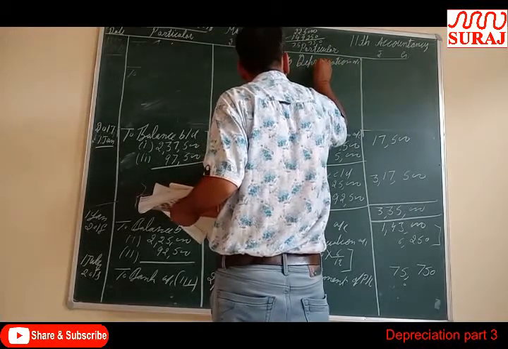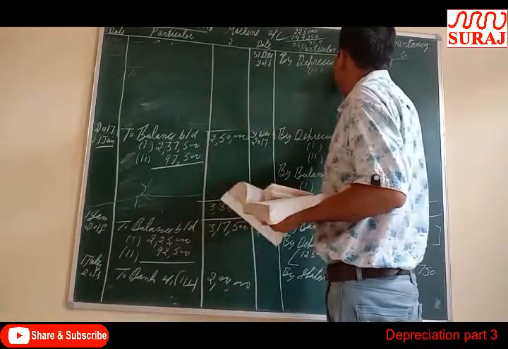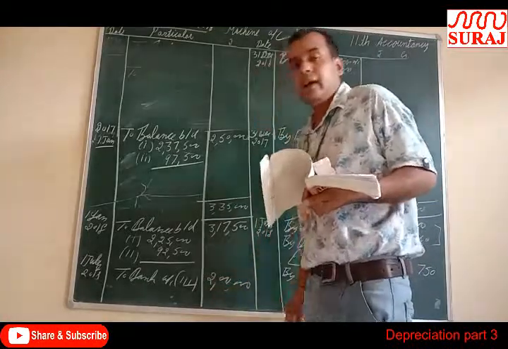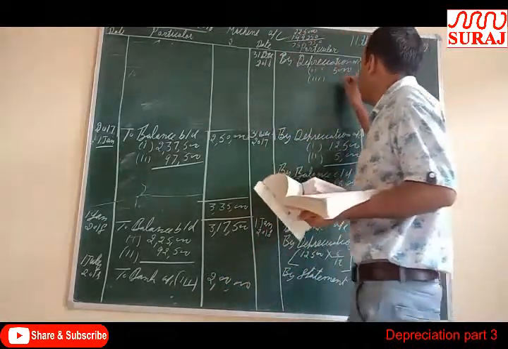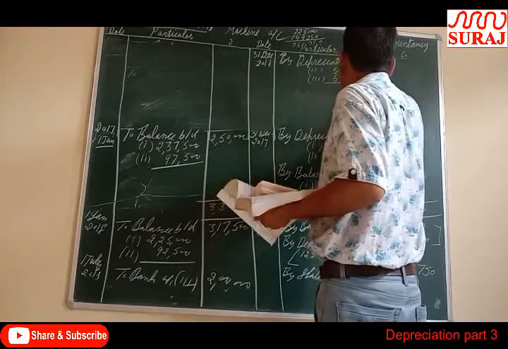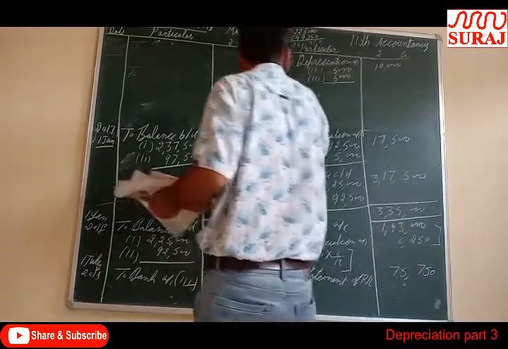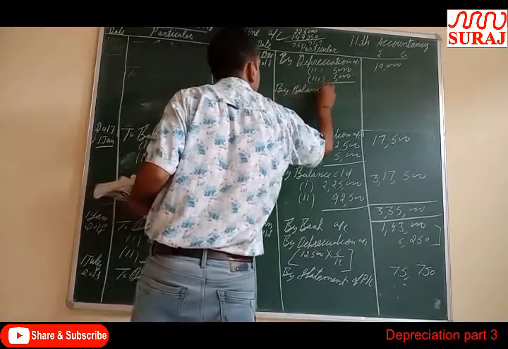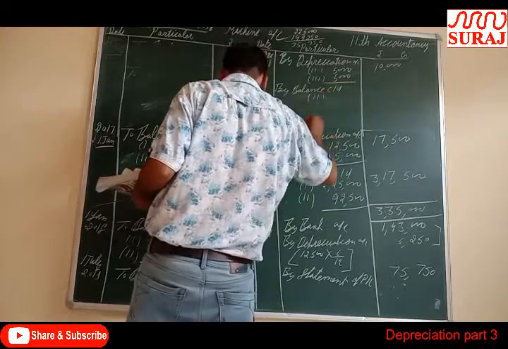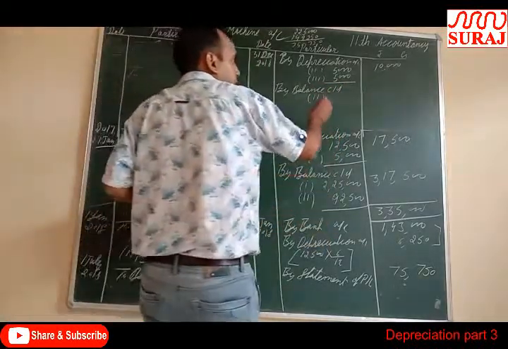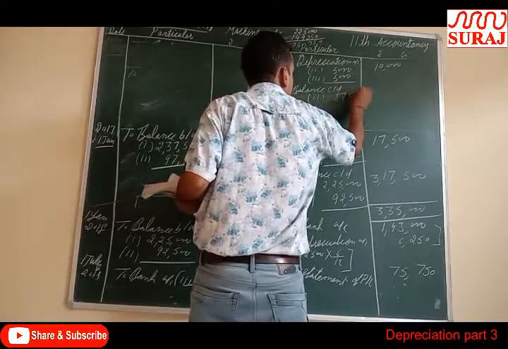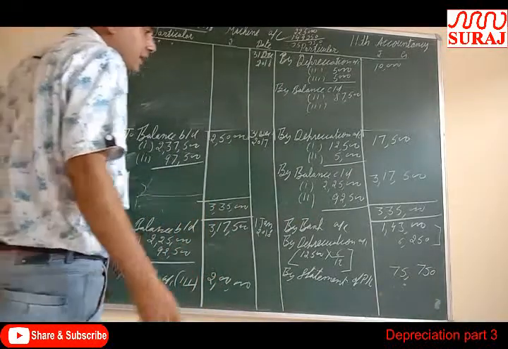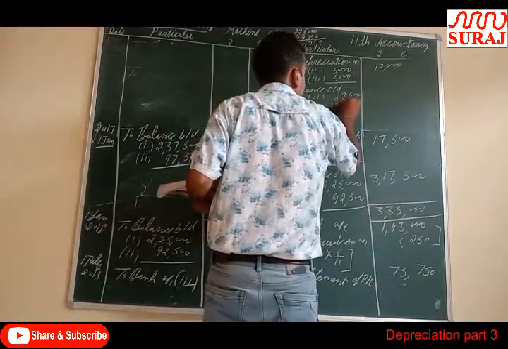The first machine was sold, so the second machine is used for the complete year, and the complete year depreciation is 5,000. The third machine is used for 6 months. Complete year depreciation is 10,000, so 6 month depreciation is 5,000. Calculate balance c/d. Second machine opening balance 92,500, depreciation 5,000, leaves 87,500. Third machine opening balance 2 lakh, depreciation 10,000, leaves 1,95,000.